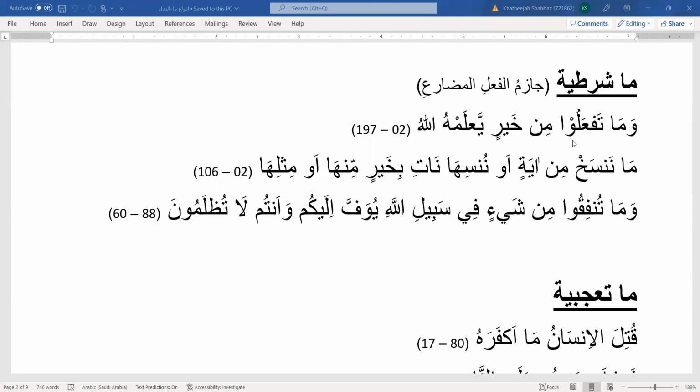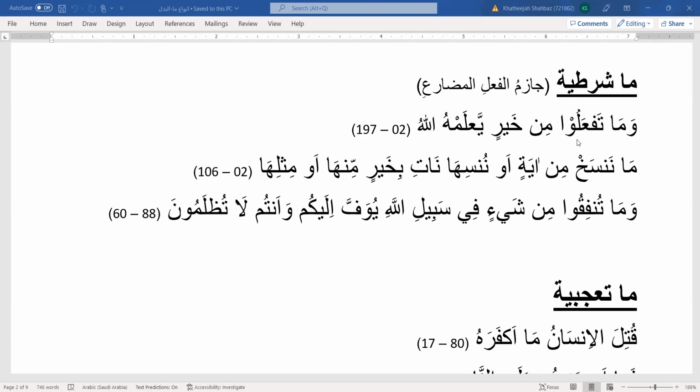So وَمَا تَفْعَلُوا مِنْ خَيْرٍ, and whatever you do from good, or any type of good, this is the condition. And then the jawabu shart is يَعْلَمْهُ اللَّهُ, Allah knows it. The first part is shart and the second part is jawabu shart, and together it is jumla shartiyya.